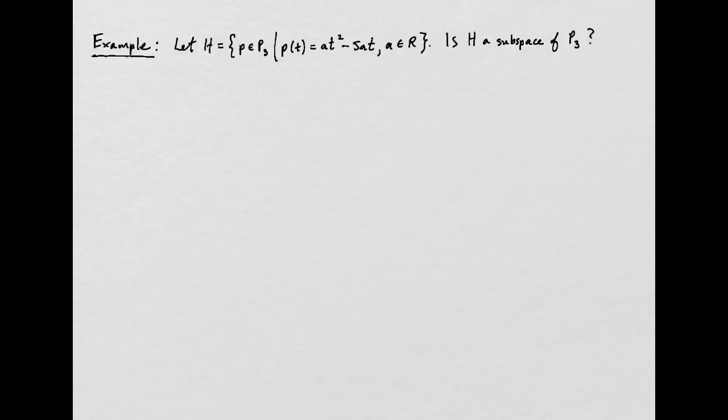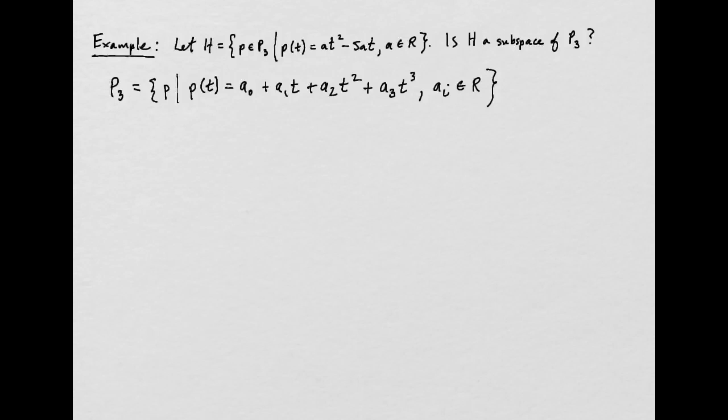So we could think of P3 as the set of all polynomials p such that p of t equals, say, a0 plus a1t plus a2t squared plus a3t cubed, where a sub i, we'll say, is in R. In other words, all of these coefficients, a0, a1, a2, a3, those are just all real numbers.